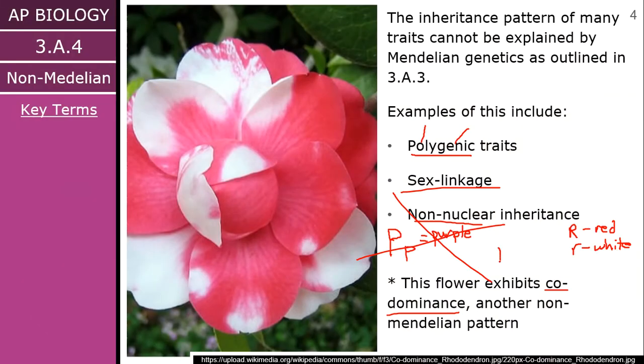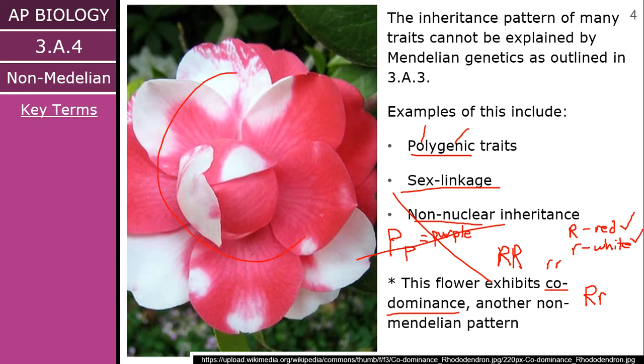In this case, if you are an RR, what flower color will you be? Well, I'm red, so I'm going to be red. If you're a little r, what flower color? Well, I'm white, so I'm going to be white. But if I'm a heterozygote, a big R, little r, and it's codominant, I'm actually going to show both. I'm going to show red, and I'm going to show white.